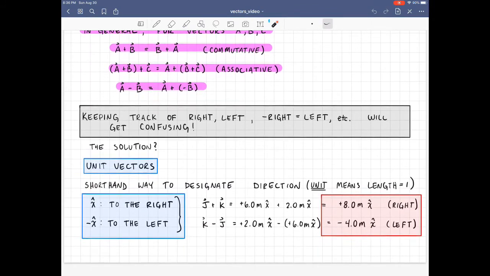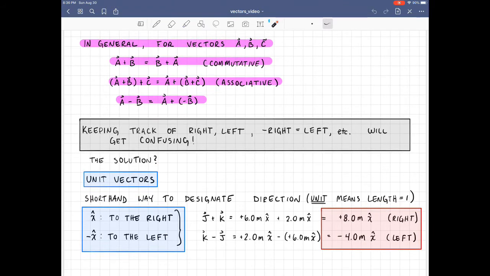And so to avoid this confusion, what we're going to use instead are unit vectors. And unit vectors are going to allow us to use plus and minus signs. So when we're doing algebra, it's going to be very clear what the resulting sum of vectors is going to be, because we're going to have plus and minus signs rather than up, down, or left, right.